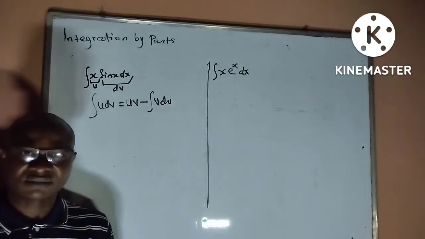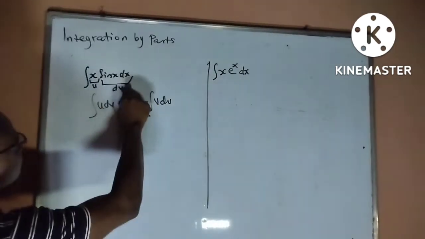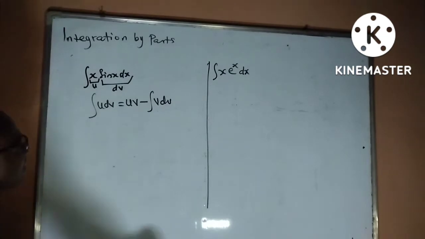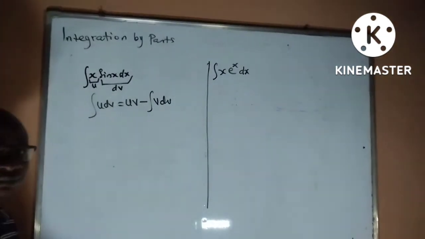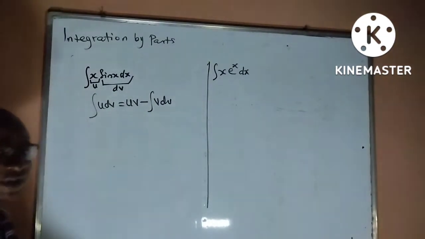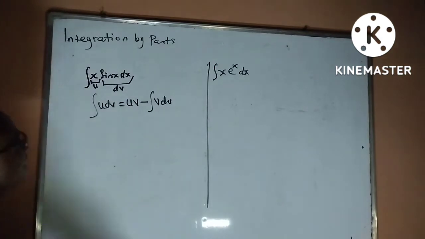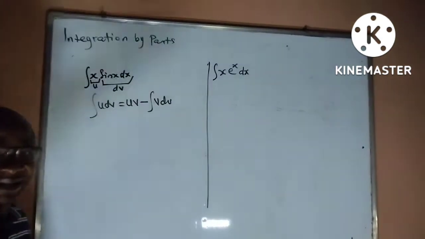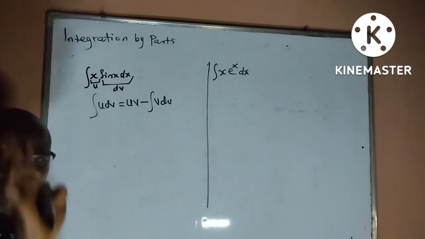What it means is that in solving this problem, I need to know my u, I need to know my v, and I need to know my du. These three terms, I need to know them.